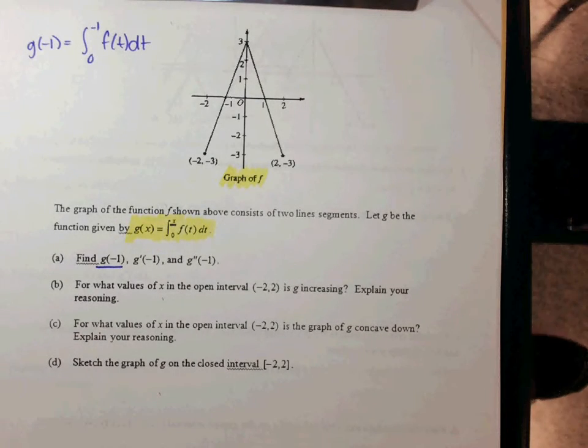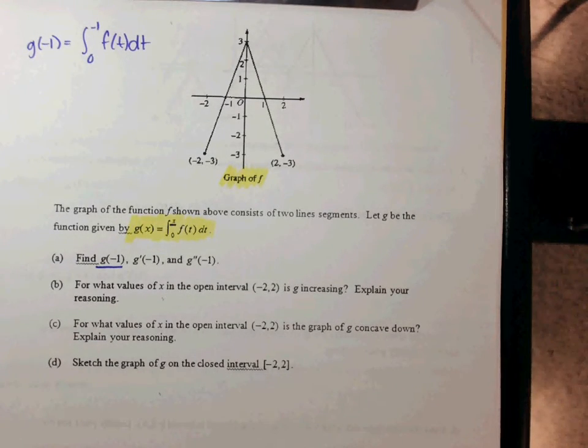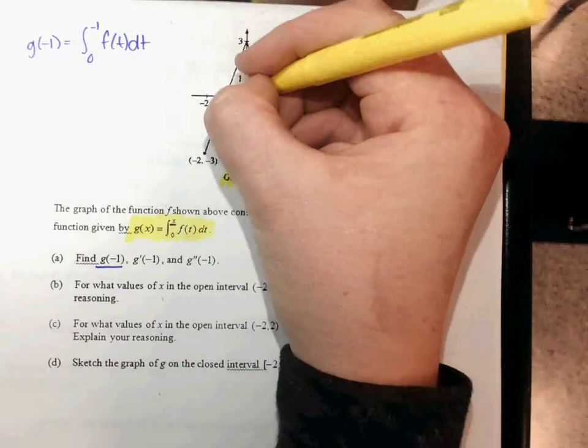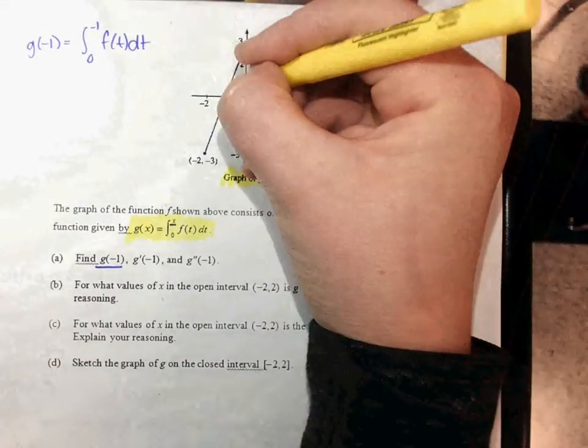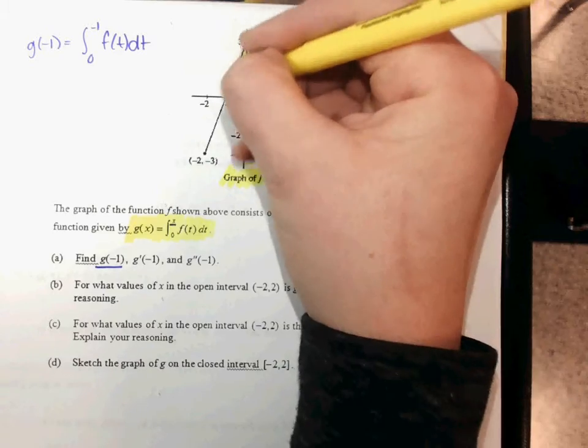Now, how do you find an integral if you're looking at the graph of f? What would that be? Area. Very good. So we're going to shade from x equals 0 to x equals -1. That would be right here. What shape is that?